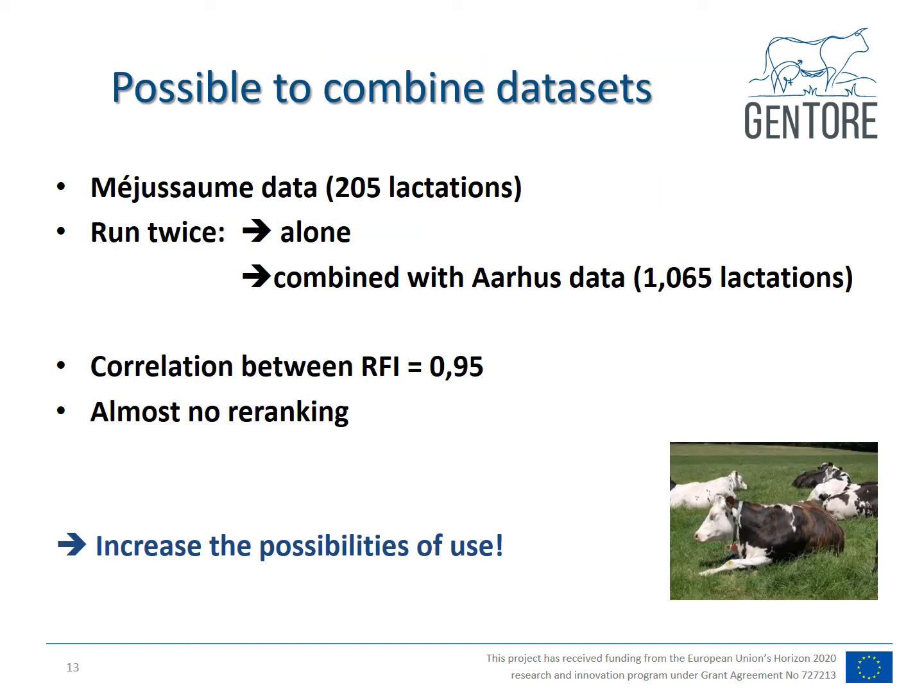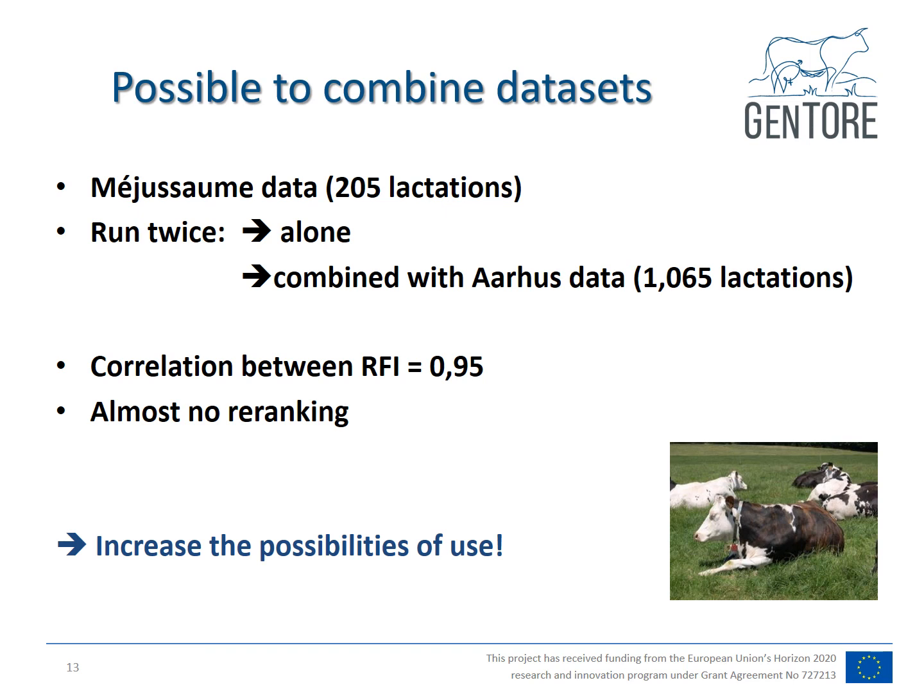The last point was the possibility to combine datasets. So also with the Measure data, we performed two analyses with our model. One only with the data from Measure and one with the data from Measure combined with the data from ARUS. And for the Measure animals, the RFI that was estimated in the two situations was almost the same, with a correlation of 0.95.